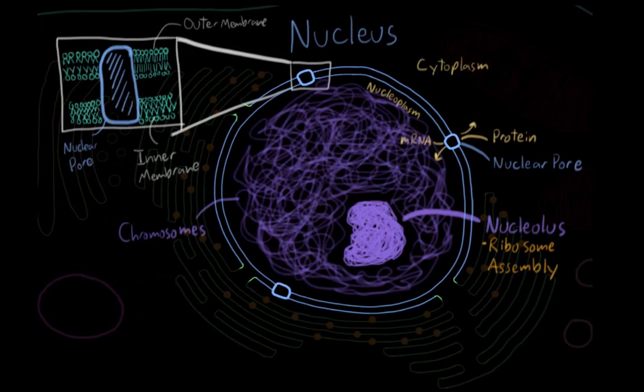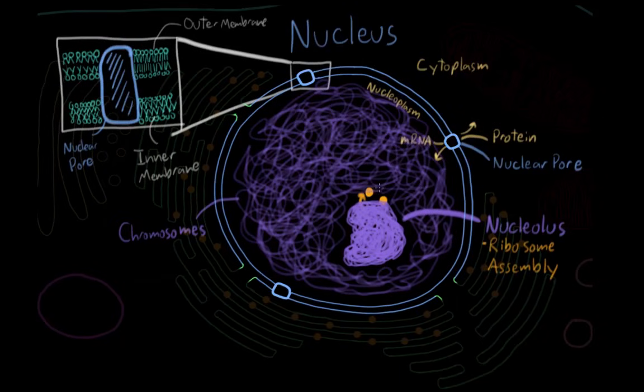So the nucleolus is densely packed with regions of DNA that produce not messenger RNA, but ribosomal RNA, which is the RNA that makes up the majority of the ribosome. And it is at the site of the nucleolus where this ribosomal RNA is assembled with the proteins that also make up the ribosome into a fully formed ribosome.